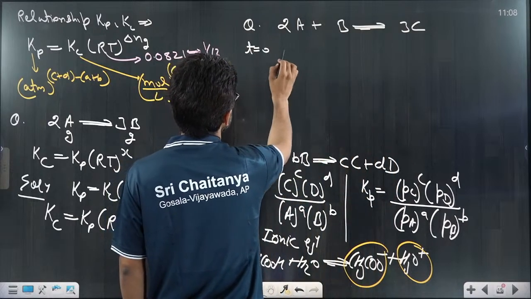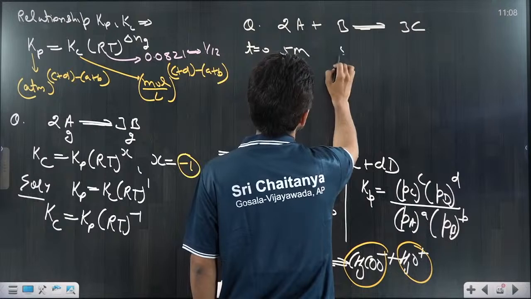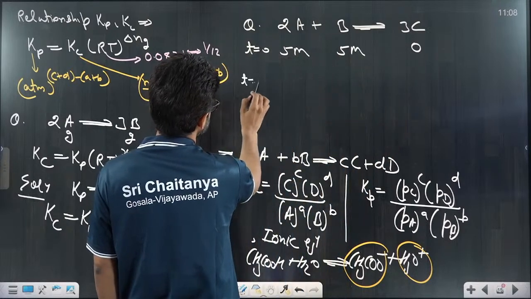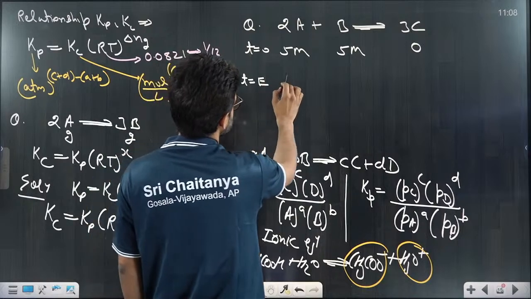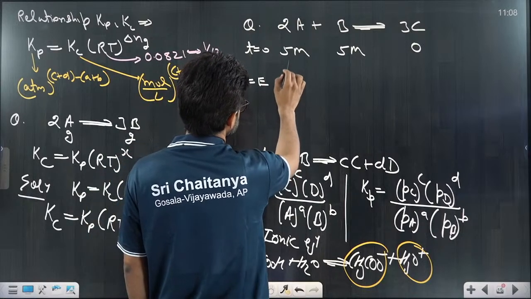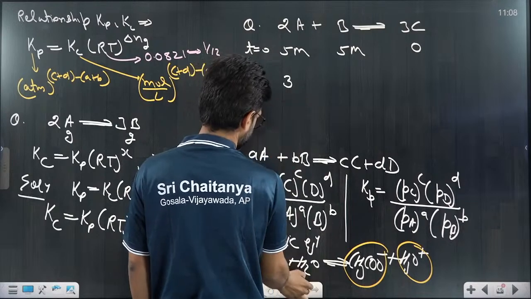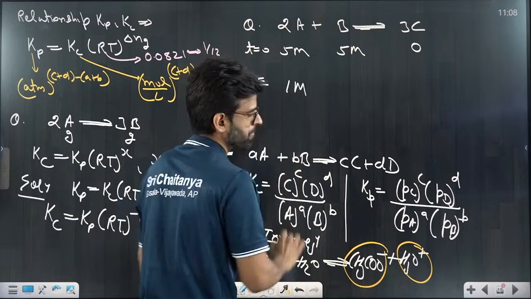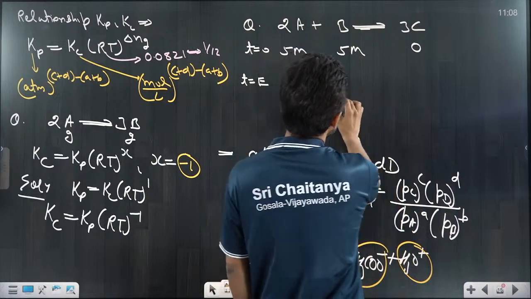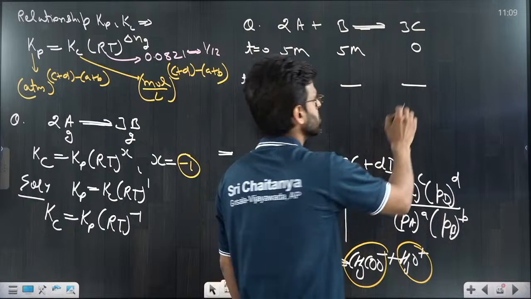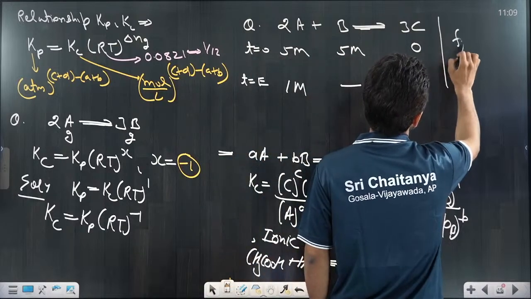I am saying here we have 5 molar, it is also 5 molar, it is 0 molar. And at the time of equilibrium, I am saying it is remaining 3 molar, or I am saying 1 molar. You have to find their concentrations at equilibrium and then find Kc also. Question is find Kc.